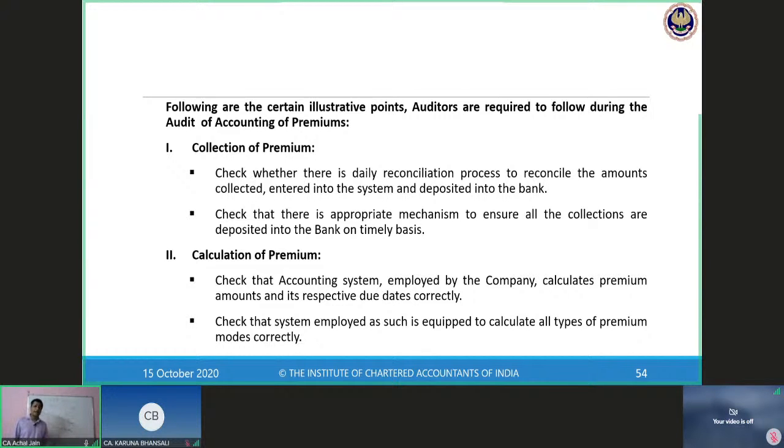If you talk about an NBFC, they will know if they have borrowed something what amount they are required to pay, because that is again fixed. But in case of an insurance company, do they know what amount they will be required to pay every year? Is there any contractual arrangement with their customers on the basis of which they are required to pay a fixed amount to any of their customers? The answer is no. They do not know.